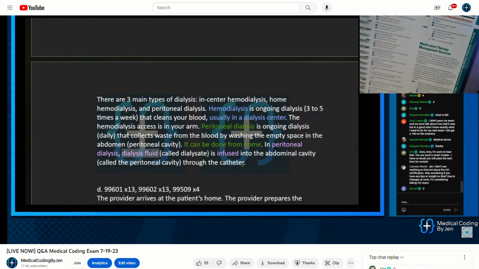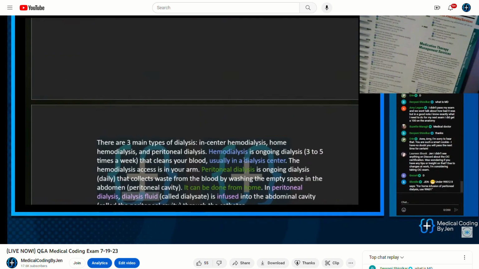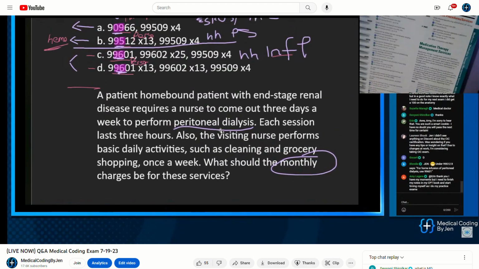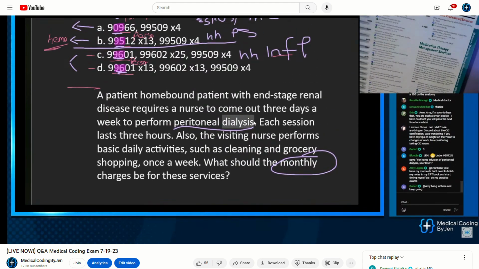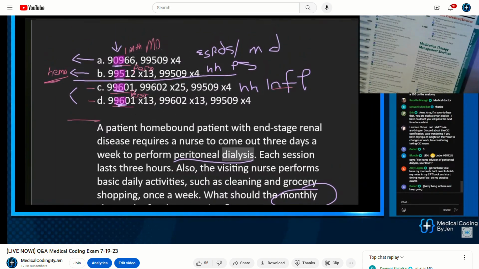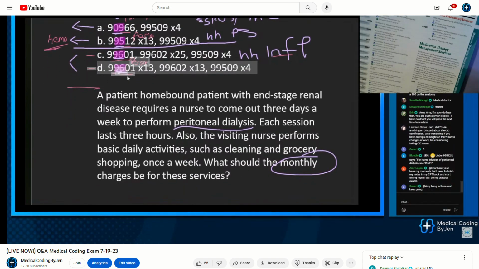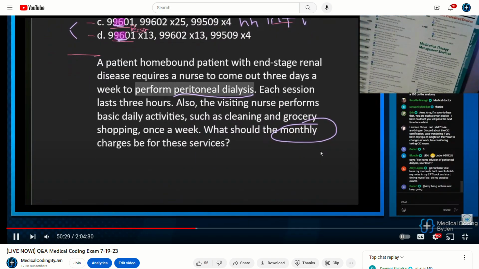It's kind of washing it out. So knowing which dialysis it is is going to make a huge difference in knowing which one you're going to pick, because these are all blood and hemodialysis, where this one, the 96, is the only one that's an infusion, and that's the only one that is going to be peritoneal dialysis.